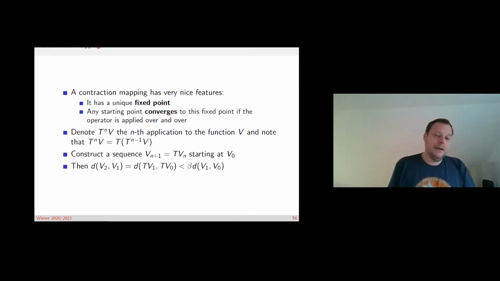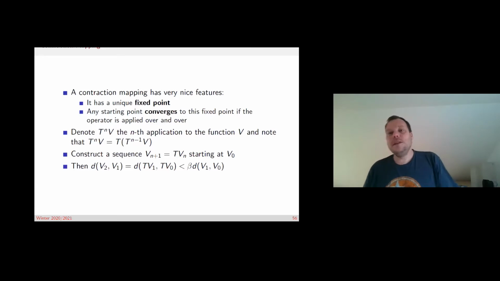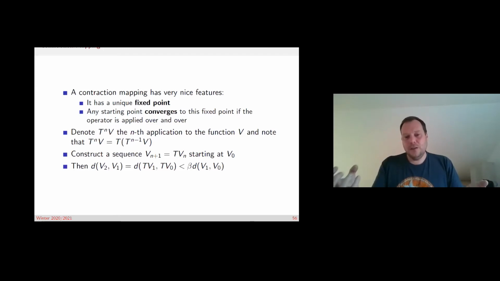And the idea is that once we apply this often enough, then this distance will actually be zero, and this will then be the solution to an equation that states that the function and the function that results from the application of the operator on this function will be the same. Okay, this is the standard notion of an equilibrium, or of a fixed point. You just plug it in, and it's the same on both sides of the equation.